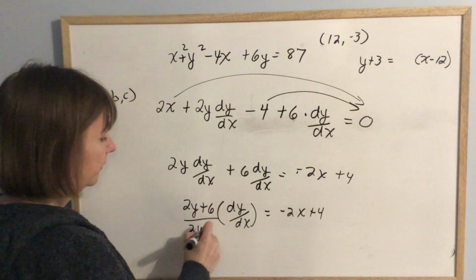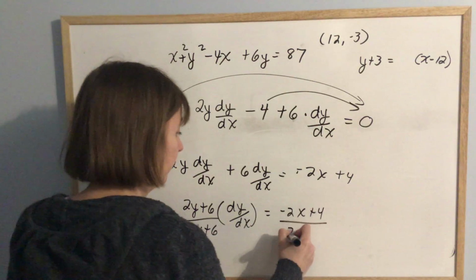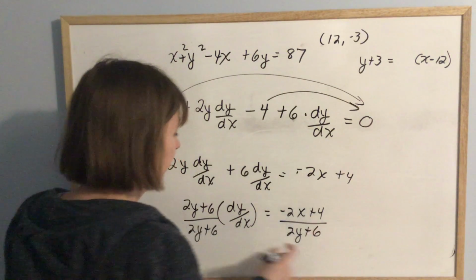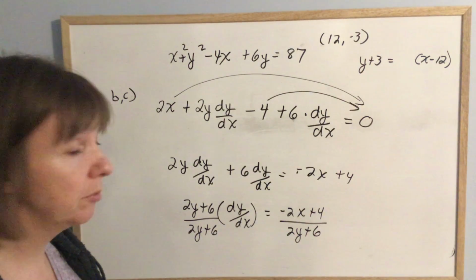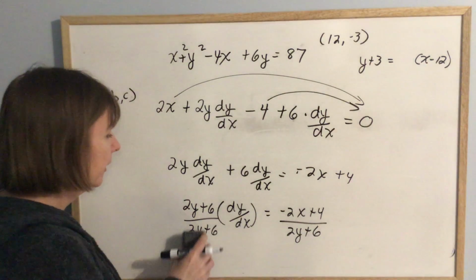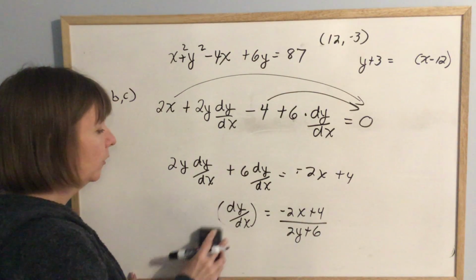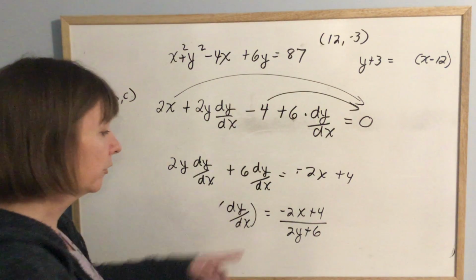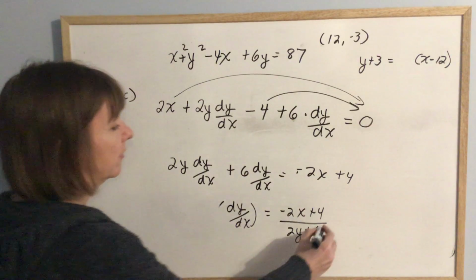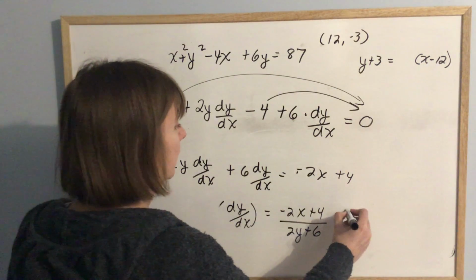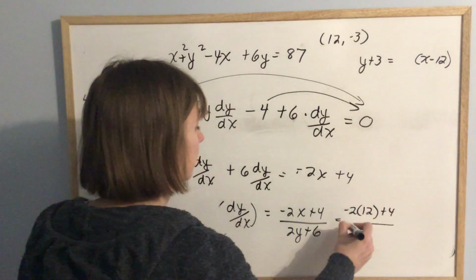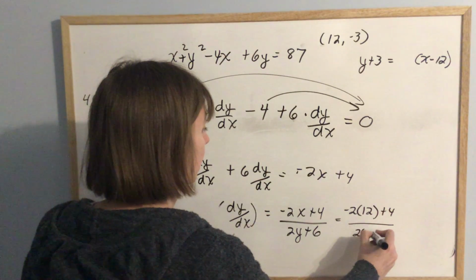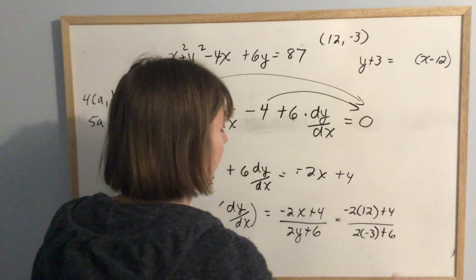So just divide both sides by 2y plus 6. I don't know why I put my bracket around the dy dx rather than the 2y plus 6. No reason. I just did. So dy dx equals this. So to figure out my slope, negative 2 times 12 plus 4 over 2 times negative 3 plus 6.